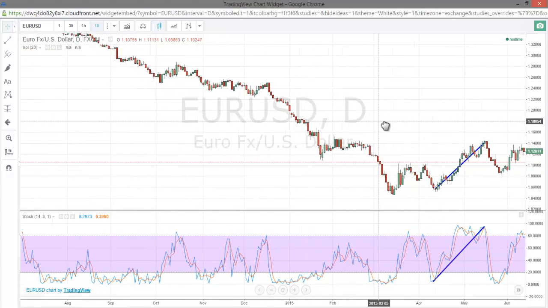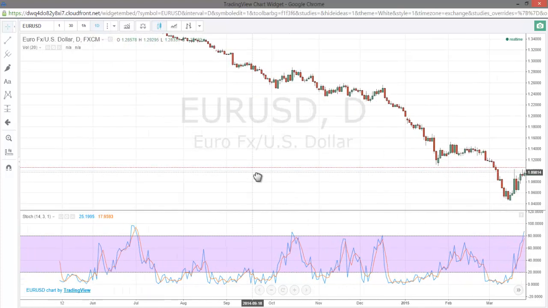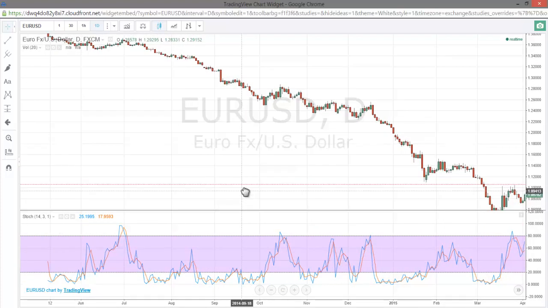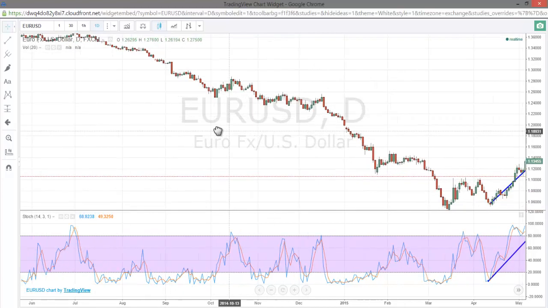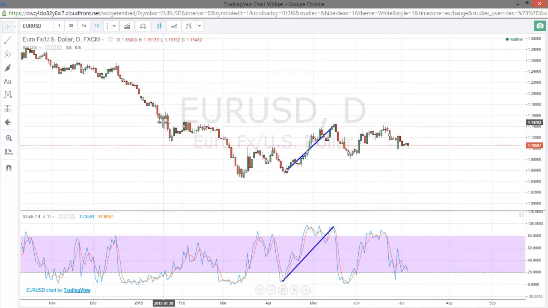But again, you probably go back here and you find yourself finding the same sort of signals when they're not really real signals in the price up here. So you will be looking for something called divergences and convergences.